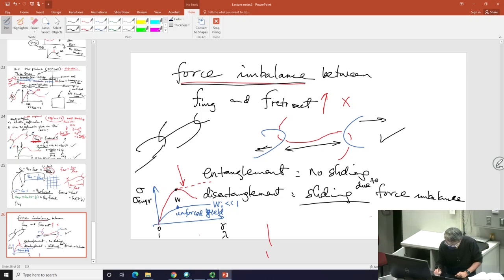It occurs around Wi. It cannot proceed to build more stress by the time you reach the diffusion time.